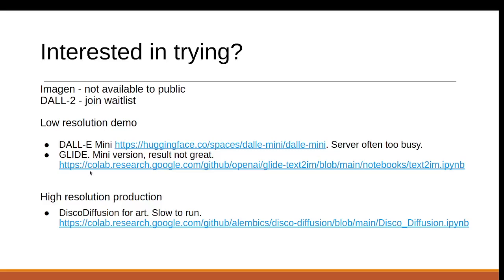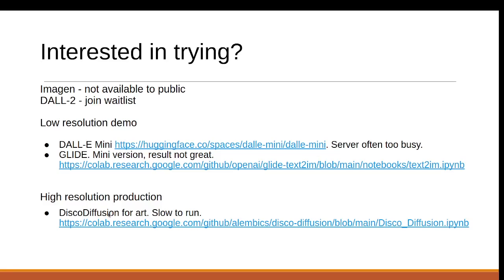There's one thing I probably should mention. When we do the sampling, we do it step by step. We have to do 1,000 steps in order to create the image. That is the reason why it is slow. So if you try to run DiscoDiffusion, it is quite slow.